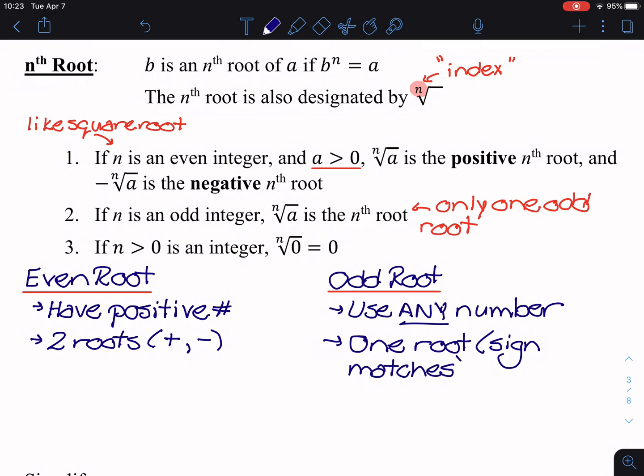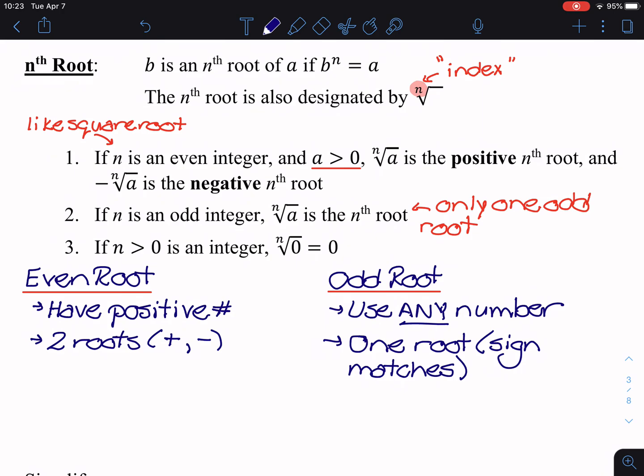So if you're taking the odd root of a negative number, you're going to get a negative number for your solution. If you take the odd root of a positive number, you're going to get a positive number.